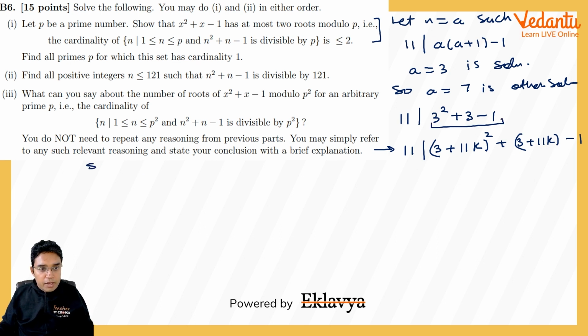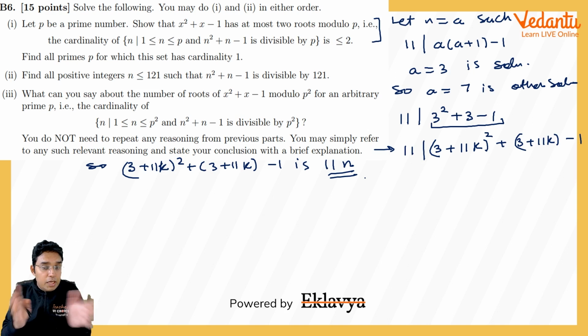So what I am claiming is that 3 plus 11k whole square plus 3 plus 11k minus 1 is always 11 times n. Okay, but there is a chance that this becomes a multiple of 121 also, because if this number is a multiple of 11 for some value of k, it could be a multiple of 121 also.